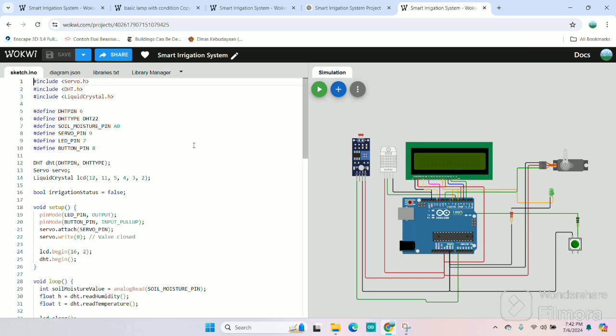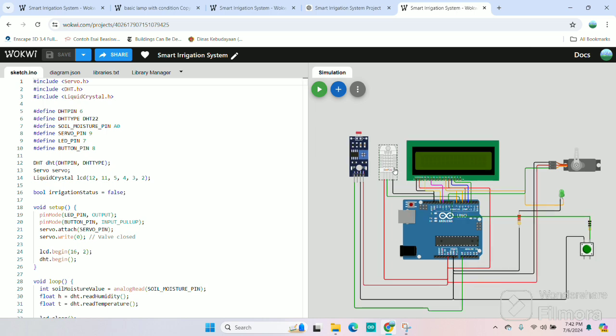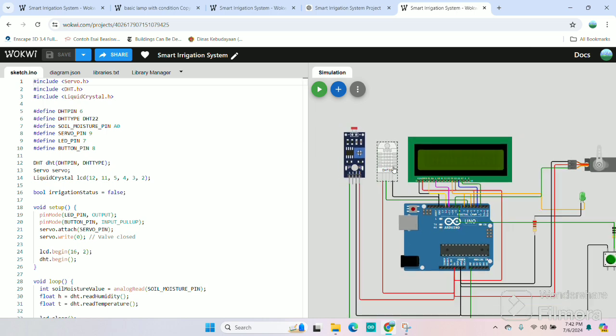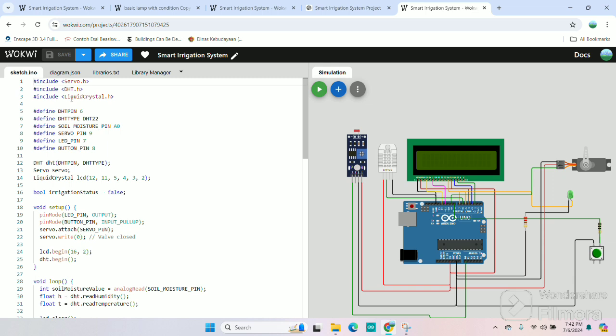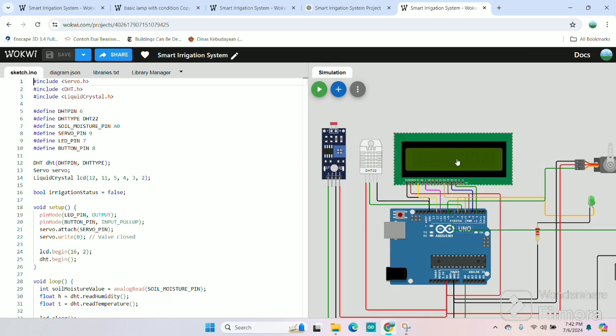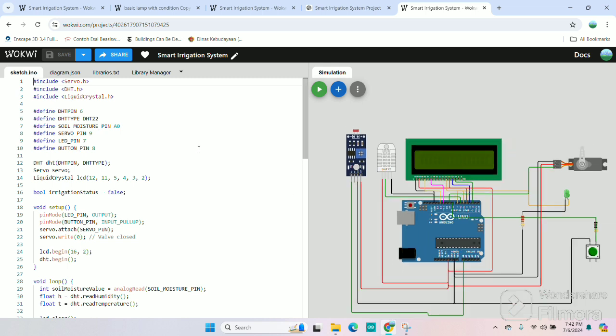Before we start the simulation, I would like to explain all about the code. At first, we need the libraries: one for the servo, then DHT, this is the moisture sensor that I use, DHT22, and then for the liquid crystal, this is for the LCD of 16 times 2. After we define the libraries, the next step is to define the pins.